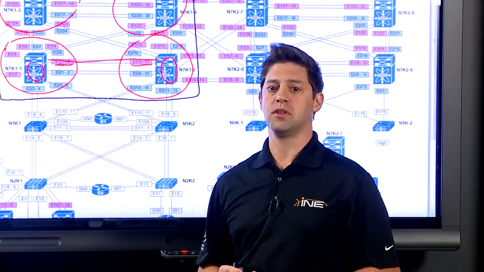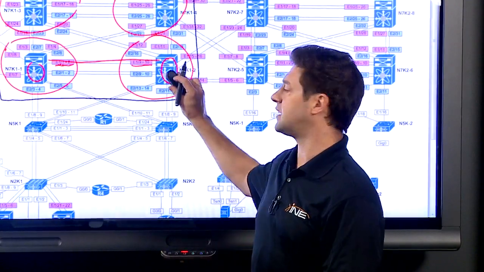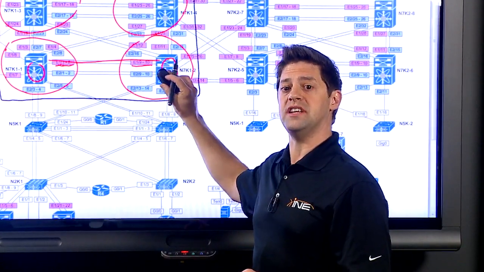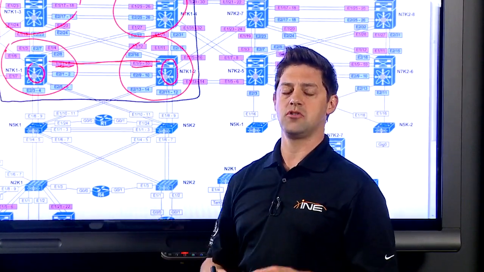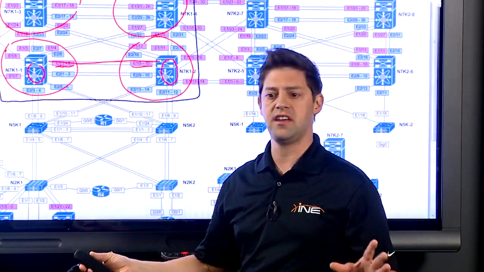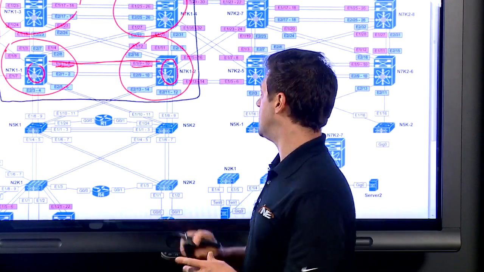A lot of ports blocked. Really, you're plugged into your own switch. But as soon as I reallocate these ports to a different VDC, as far as the switch goes, it thinks it's talking to a completely separate switch. There's nothing in the background that says, oh, you're actually talking to the same switch.